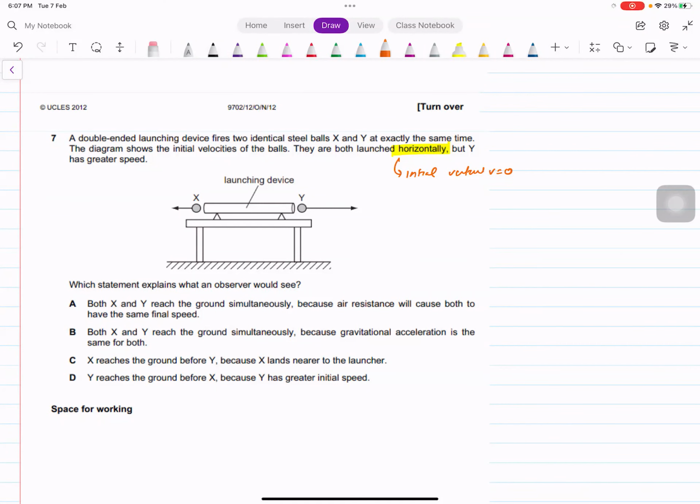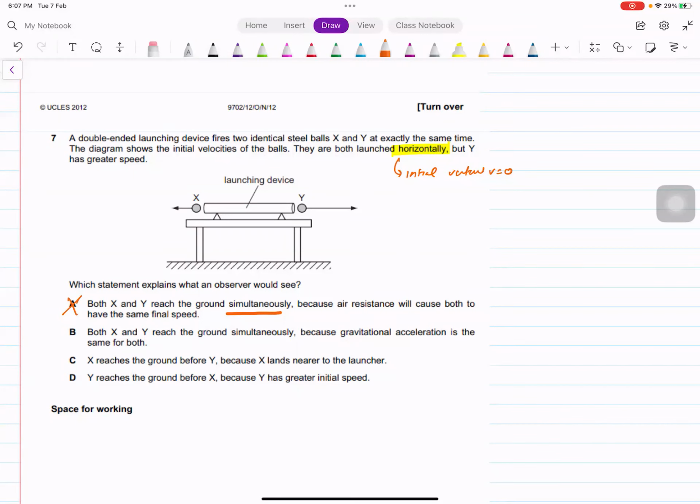Both x and y reach the ground simultaneously. Okay, because air resistance will cause both to have the same final speed. That is not correct. The reason is not air resistance. The balls are identical, so it has nothing to do with that.